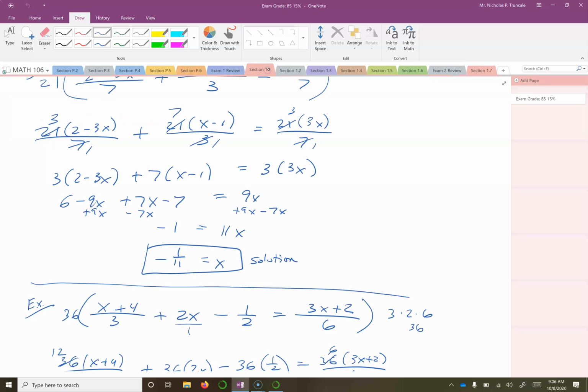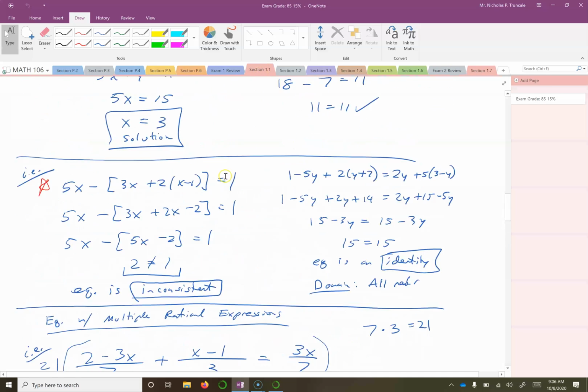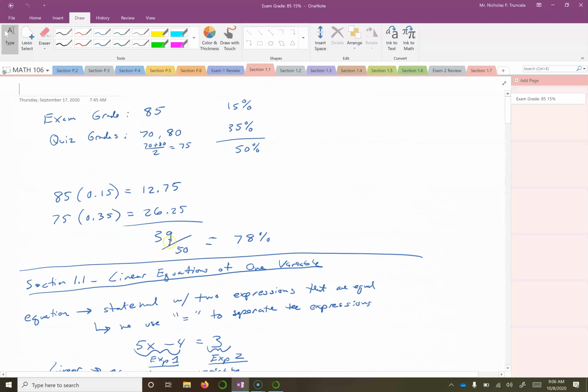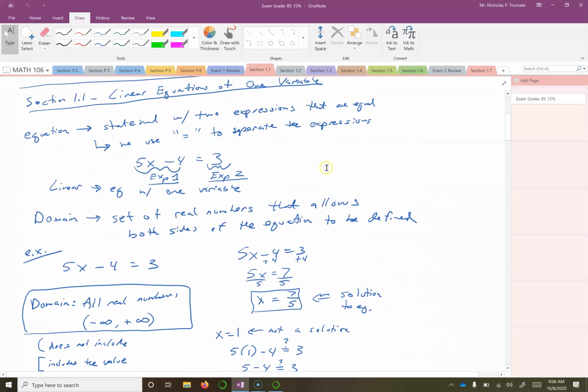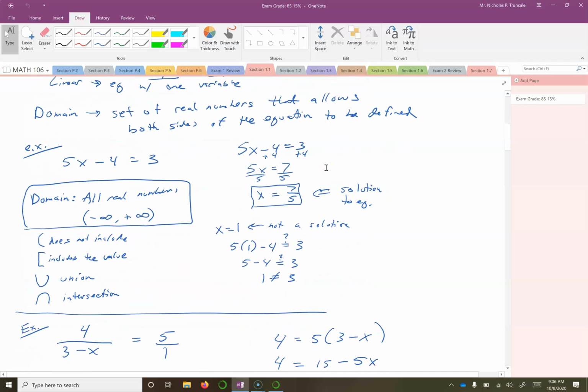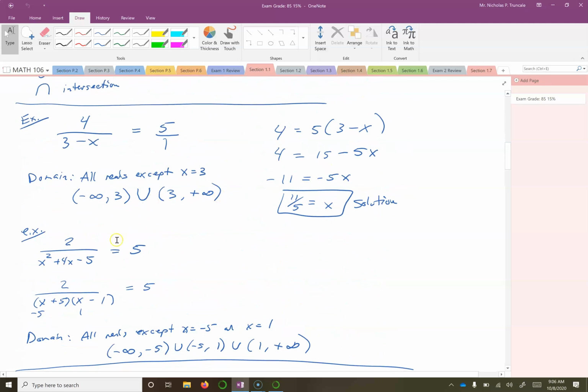When we go back there, it's just pretty straightforward. So, I was showing you how to figure out your exam grades there. Solving linear equations, right? And basically finding the domain. Finding the domain. So that's the first thing.